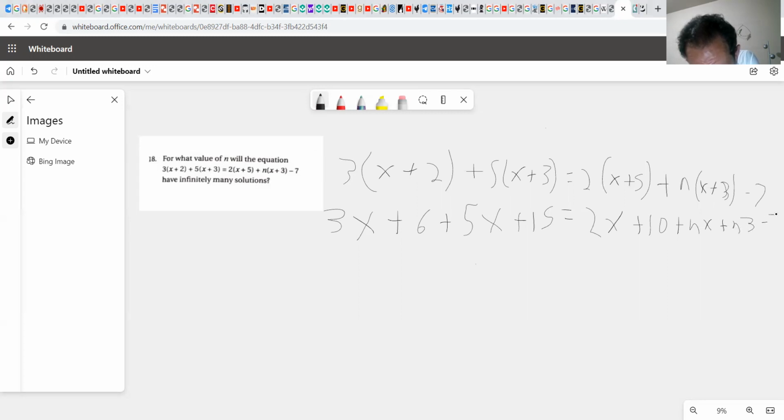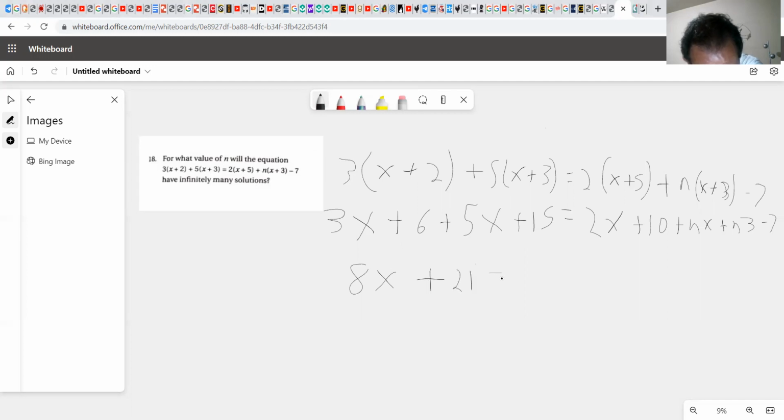Now what I can try to do is put the like terms together. All of the terms that have an x in it, I'll put together on the left side. So 3x plus 5x, you get 8x. And the constants, 6 plus 15 is 21.